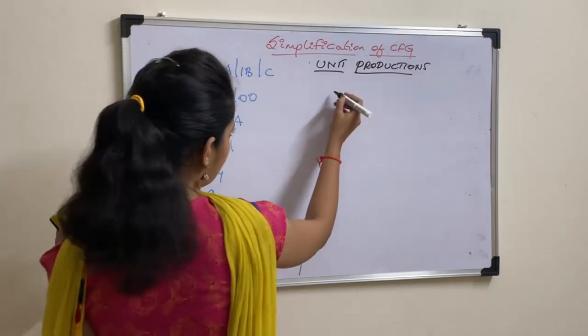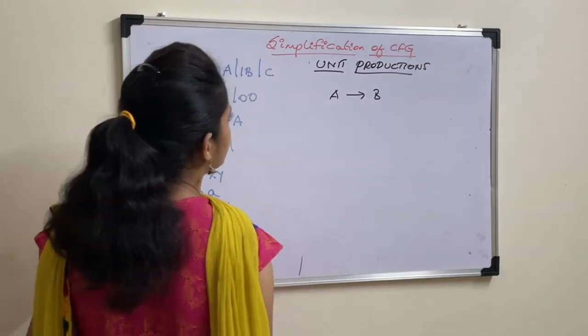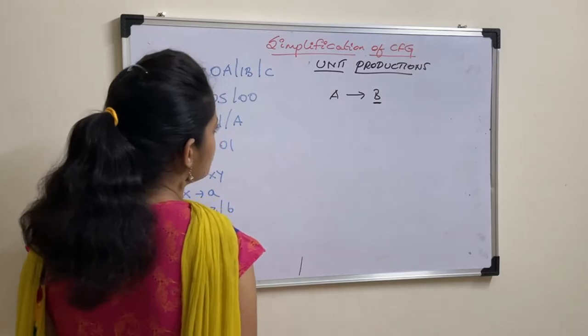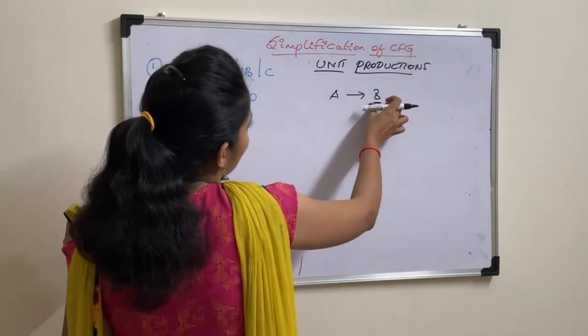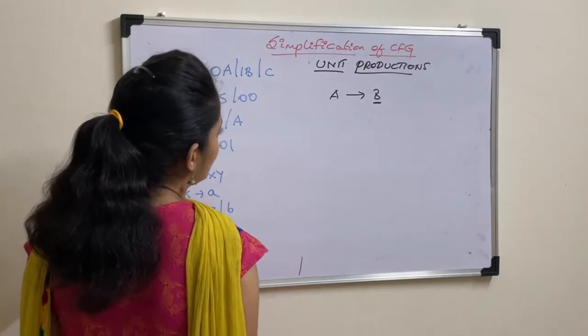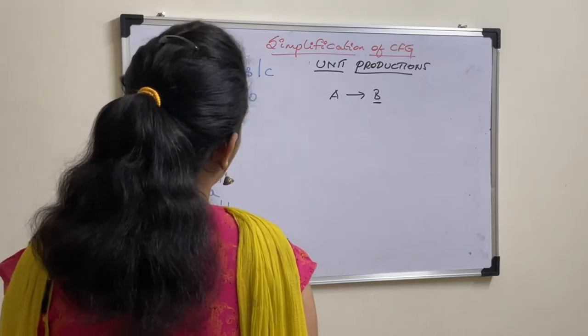Suppose you have a non-terminal deriving a non-terminal. If you have only a single non-terminal in the RHS of the given production, then that production is said to be a unit production. You need to remove those types of productions from the grammar.